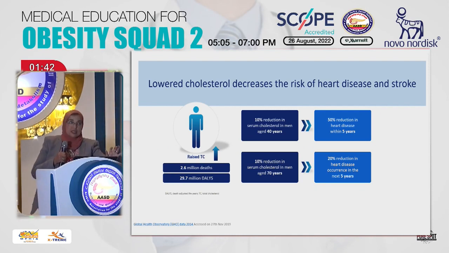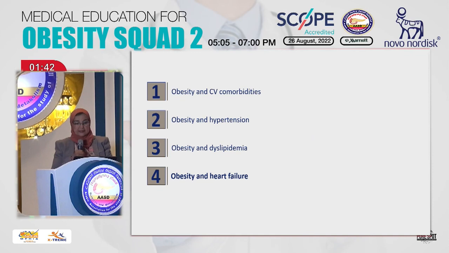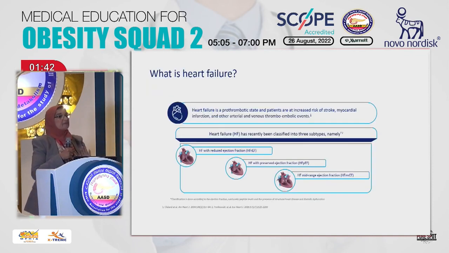Lowered cholesterol, on the other side of the coin, decreases the risk of heart disease and stroke, and this is really very important, and heart failure.